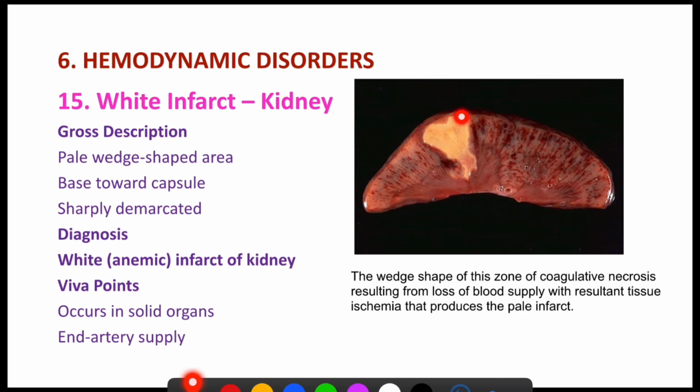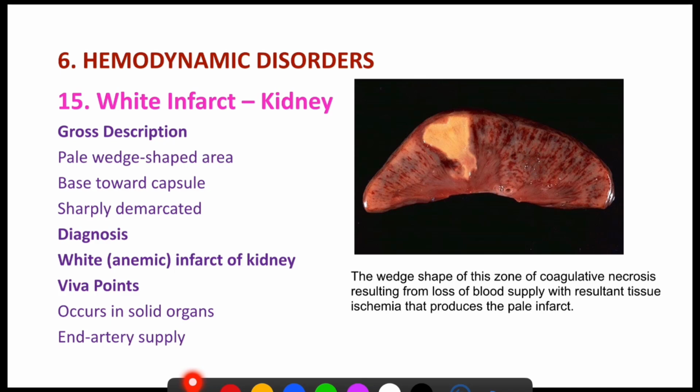Here the cut surface shows a wedge-shaped pale yellow-white area, where the base is toward the capsule, and it is a sharply demarcated area. This kidney is showing congestion. You can appreciate the red lining here.